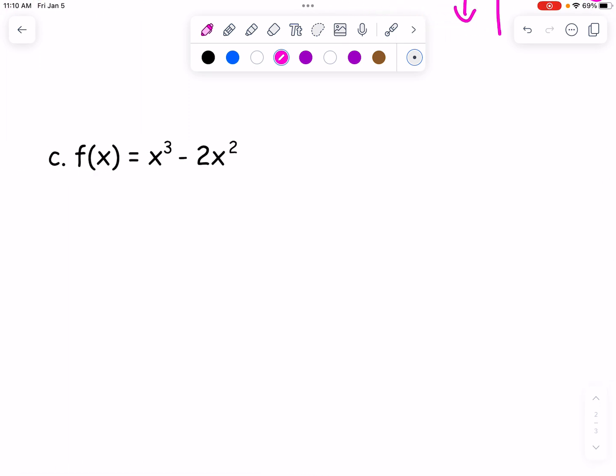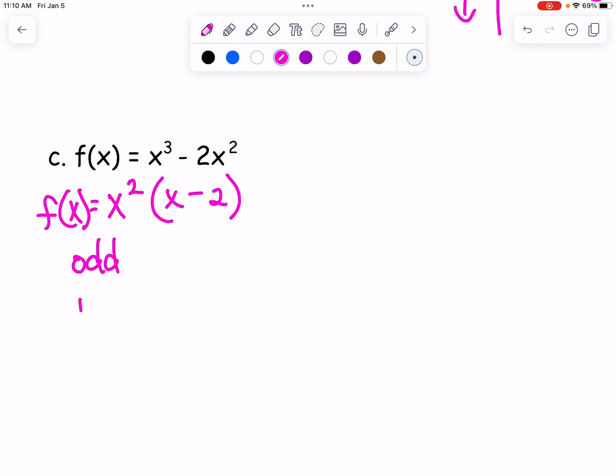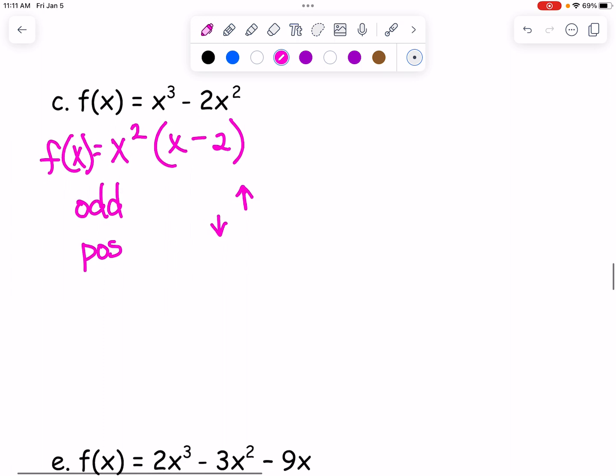Okay, when you get something like this, the first thing you have to do is you have to factor. So we have, this is an odd degree, and it is positive. So that means that my ends are going to face in opposite directions. It's going to start low, finish high.